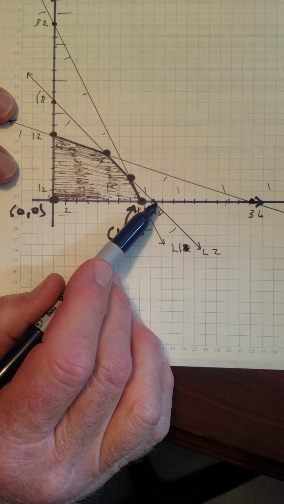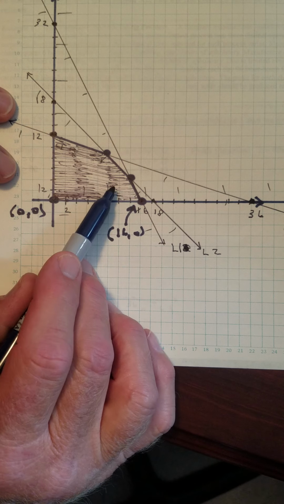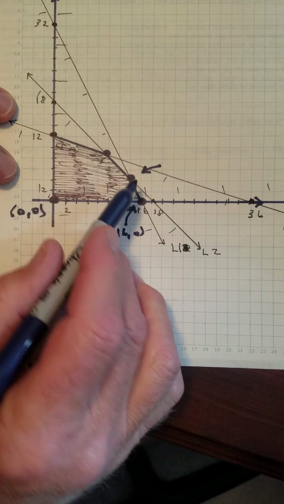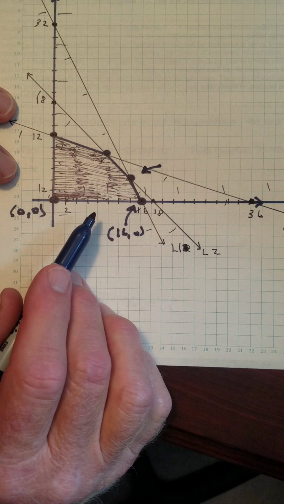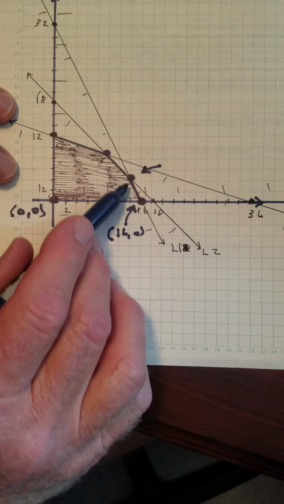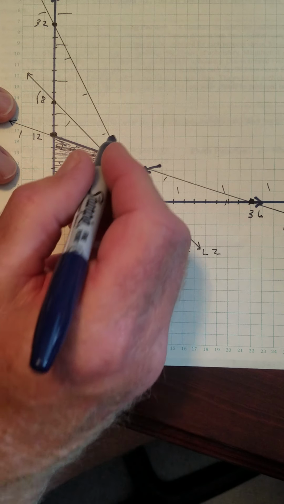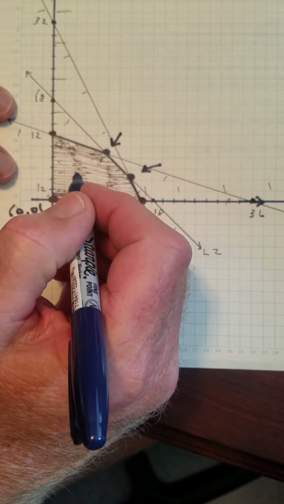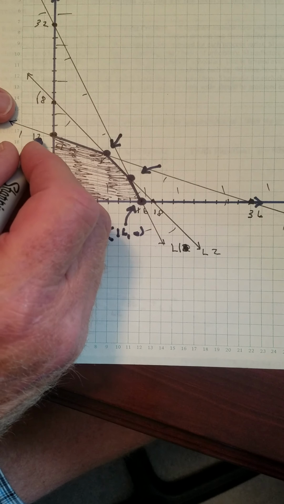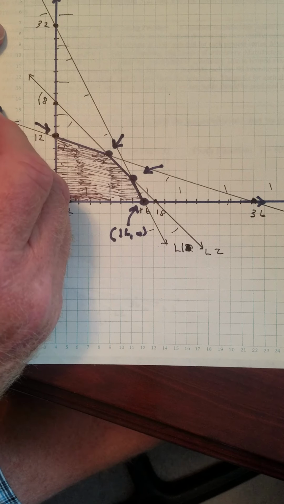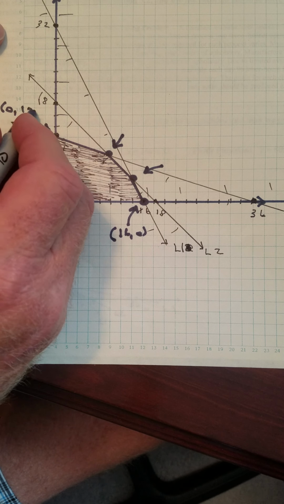Notice I don't need this one out here because that's not a corner of my area, but I'm going to need this one. And right now I don't know what it is. I can guess. I bet it looks like it's about 14, maybe 4. I don't know. I need to find this one. So these two I don't know yet. And then this guy, since that hits on the y-axis at 12, I know that one is 0, 12.